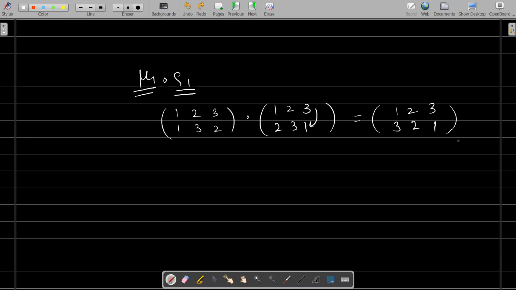So what is this? This is mu2: 2 is fixed, 1 goes to 3, 3 goes to 1. And let's check rho1 then mu1. Mu1 is 1 fixed, 2 goes to 3, 3 goes to 2.